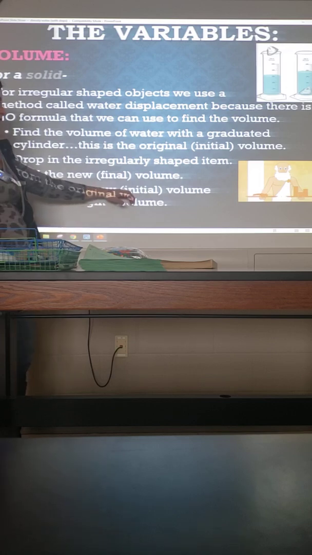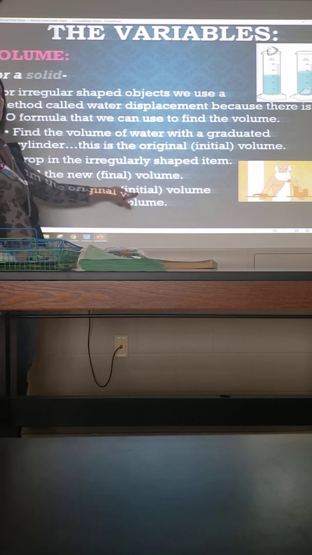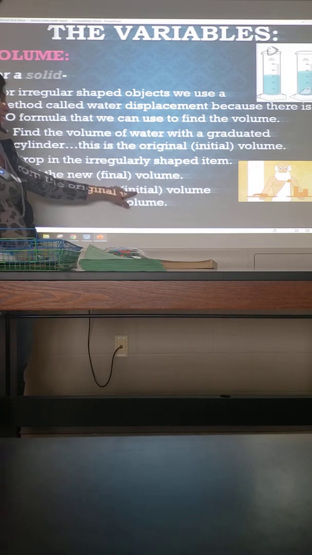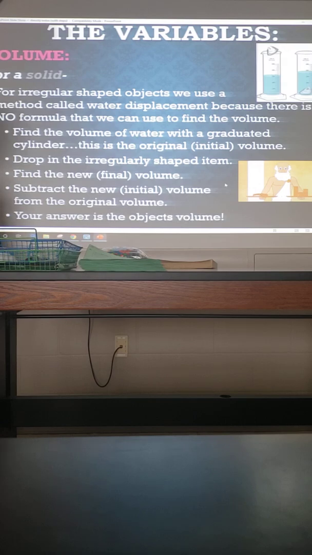This is slide 8. I didn't catch that. So if we take the original volume from the final volume, what we're going to be left with is the volume of that rock that caused the water to be displaced.